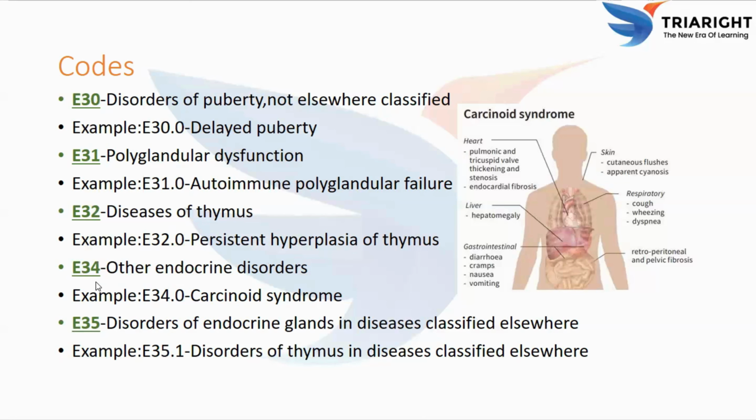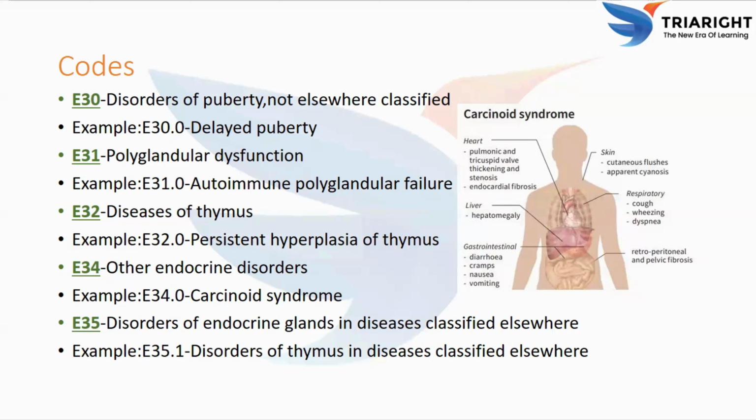So next, coming to the code E34, other endocrine disorders. What are other endocrine disorders? The miscellaneous endocrine disorders that are not included in the above categories E30, E31, E32. For example, carcinoid syndrome. What do you mean by carcinoid syndrome?